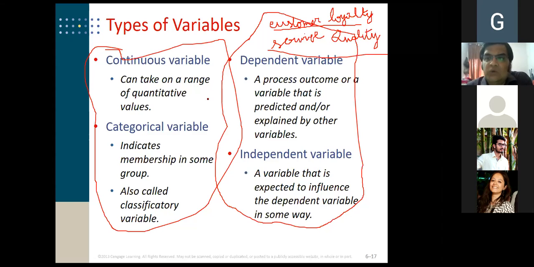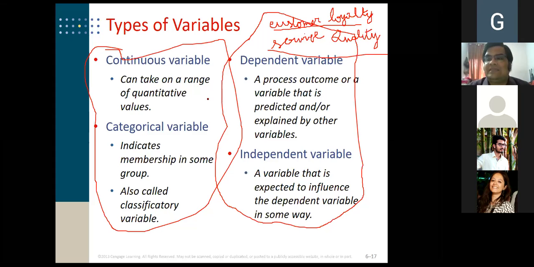Today the attendance is 57, tomorrow it may go to 61, the next day it can be 53. So the attendance of students is a continuous variable, right?